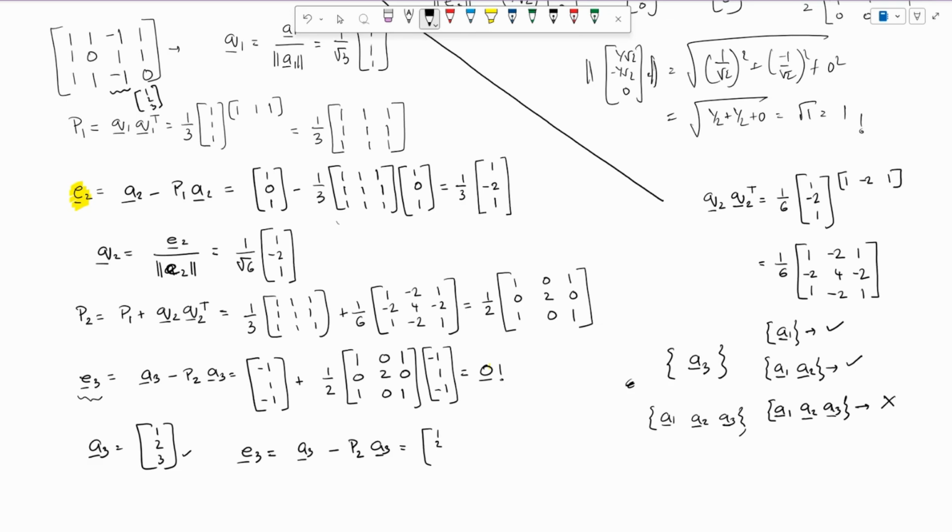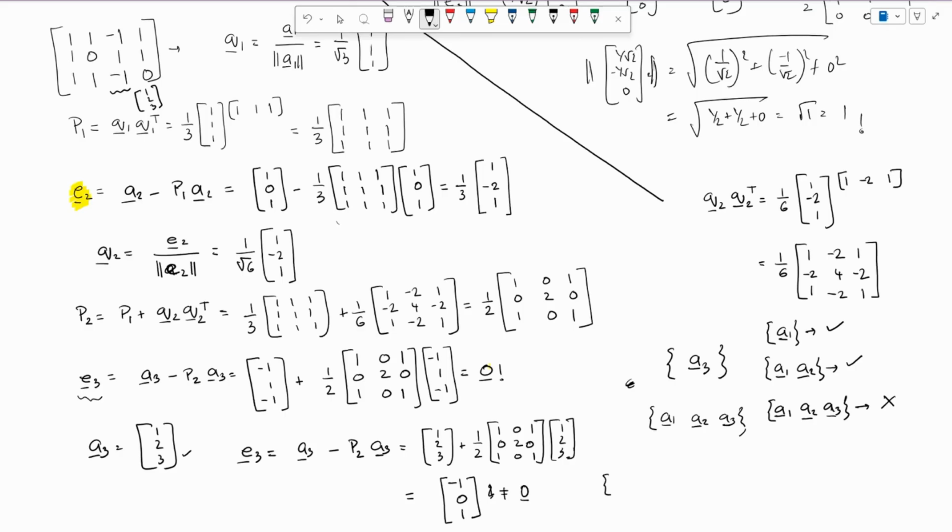That will be 1, 2, 3 multiplied by half 1, 0, 1, 0, 2, 0, 1, 0, 1. What is it? Minus 1, 0, 1 is it? I don't know if it's correct, but it looks like it's a non-zero value.